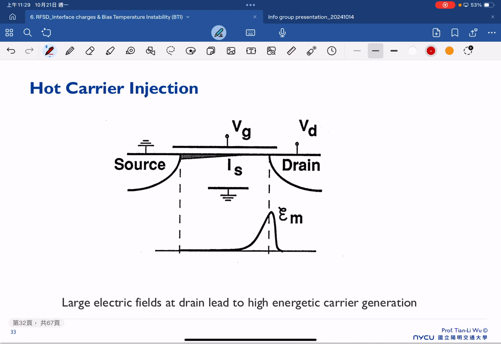This is another illustration of the hot carrier injection. So we have the high electric field in the drain side. So a large electric field at the drain leads to the high energetic carrier generation. And as I already said, nowadays we try to scale our channel length. We make our channel length as small as possible, and our lateral E field is increased. So lateral E field is increased.